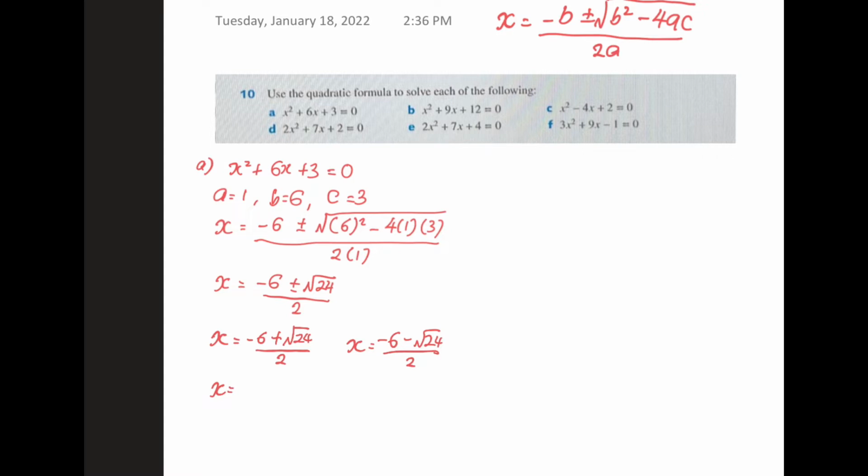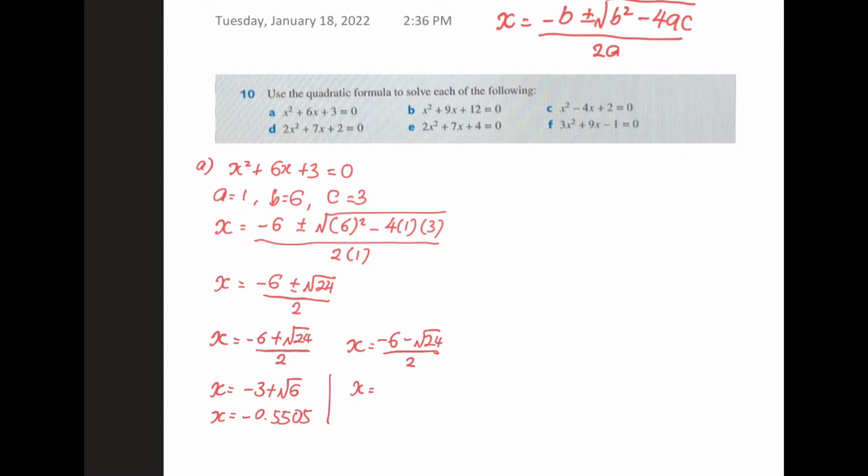So minus 6 plus square root 24 divided by 2, we will get negative 3 plus square root 6, in decimal this is negative 0.5505.